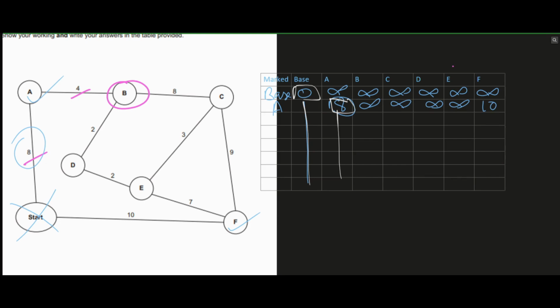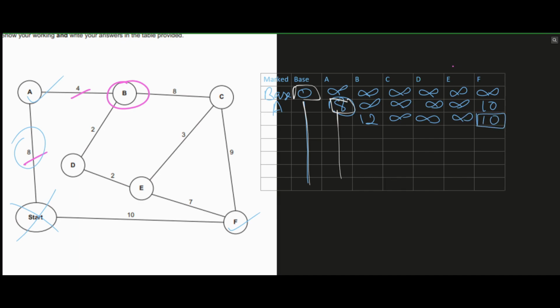Now let's see the next one. I know that I can go to A, so from start to A, now I can also go to B. B is going to be 4, so 8 plus 4 is 12. Is there any other place where I can go? No. There is still 10, so I will write that.